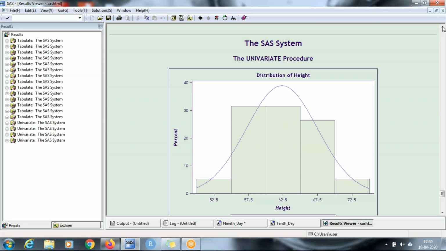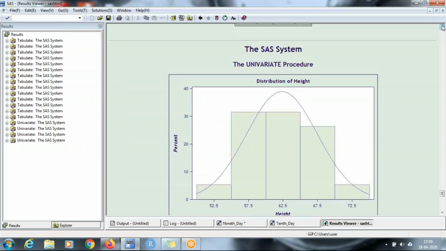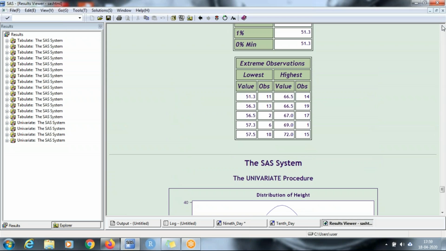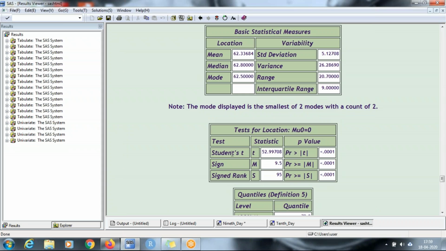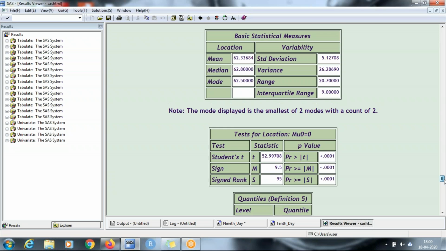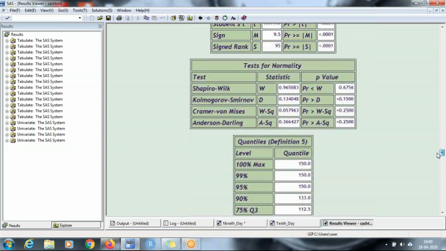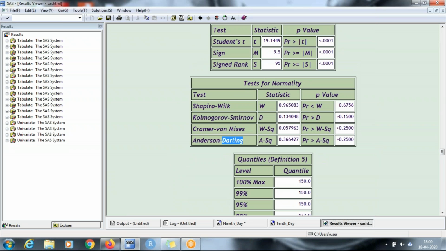With the help of some test, right? Yes. There is a test by the name of Anderson-Darling test, right? To prove this. So we have all these tests which we can use to say whether this is normal.